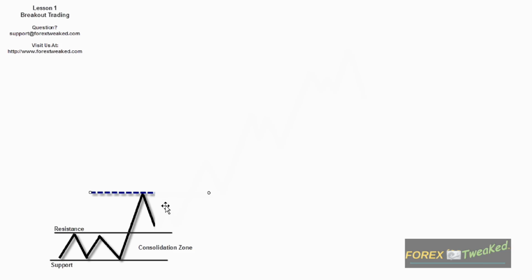The next thing I do is I place a buy stop order slightly above this new high. Okay, so I place a buy stop order around here, and then I simply wait for price to come my way. If price heads back up and retests this high and breaks above that, then my buy stop order gets triggered and I'm now in a trade.